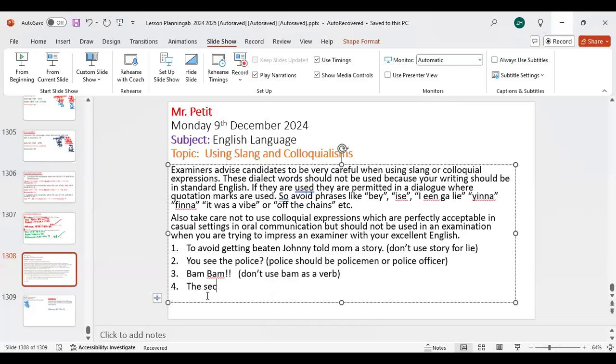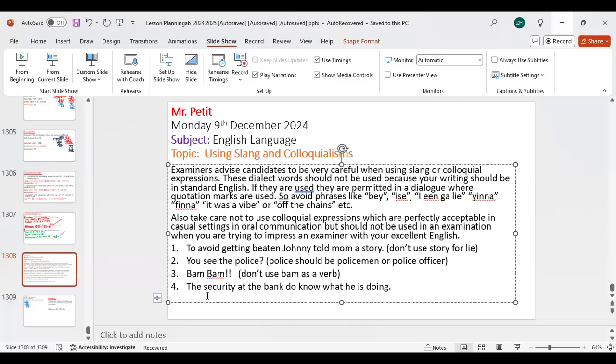The security at the bank don't know what he is doing. What's wrong with that? The security officer at the bank is not aware of what he is doing.